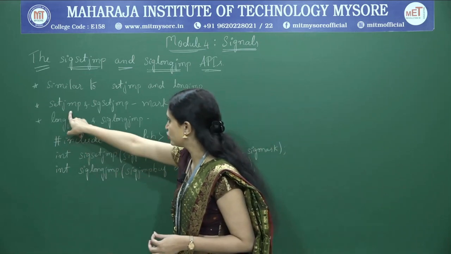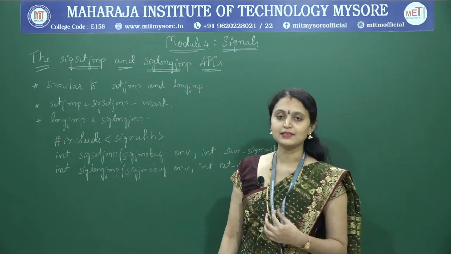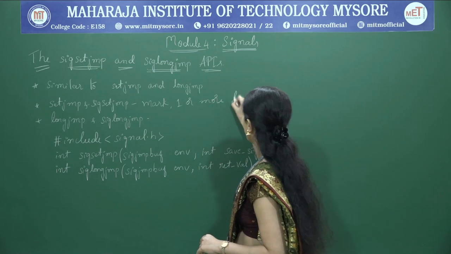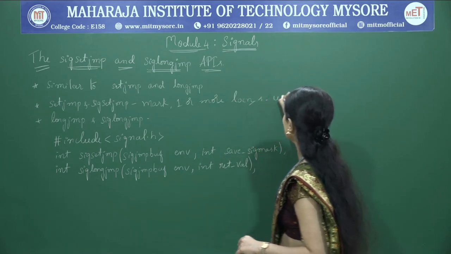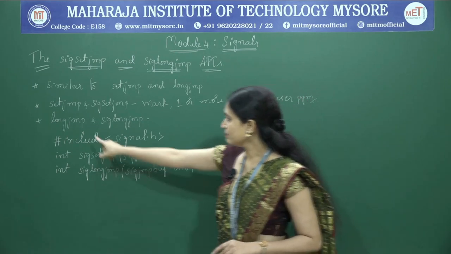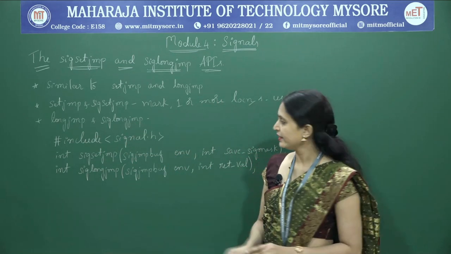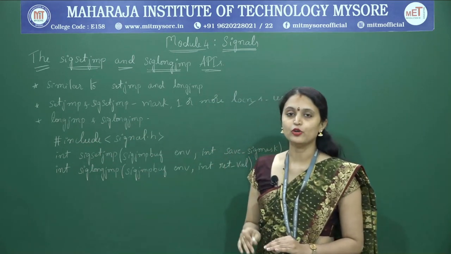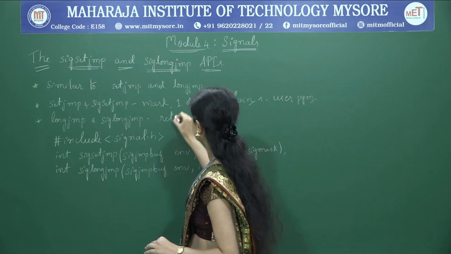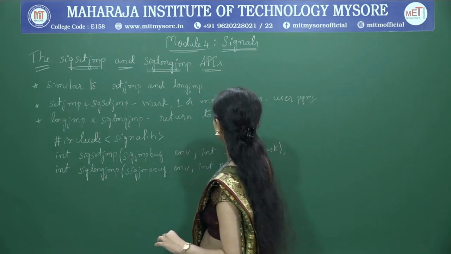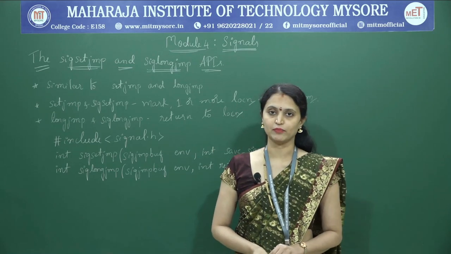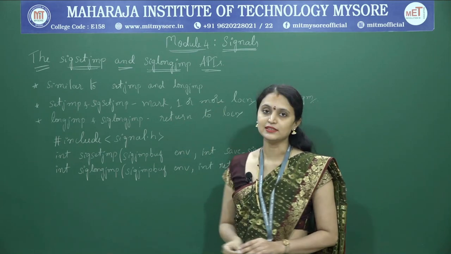Specifically, setjmp and sigsetjmp are used to mark one or more locations in the user program, whereas longjmp and siglongjmp are used to return to the marked location later. Okay, so this is about the sigsetjmp and siglongjmp APIs.